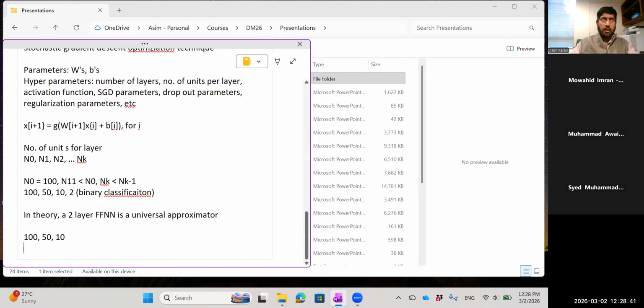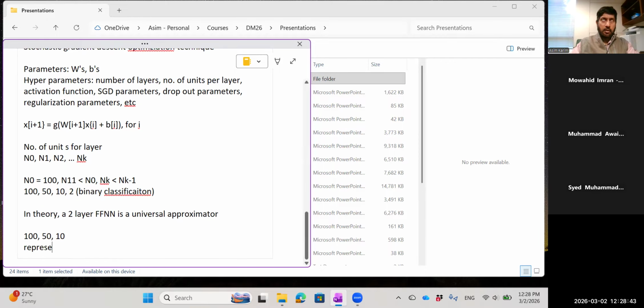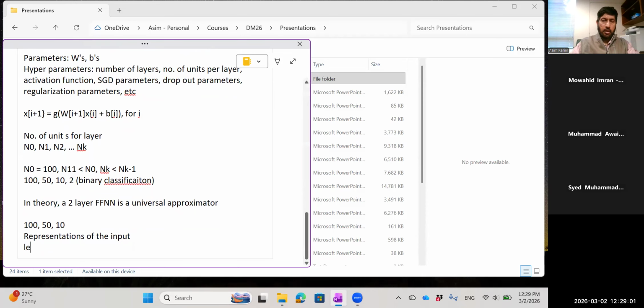So those would be representations of the input at various stages of the model, or you can call them embeddings of the input in the 50 dimension space and in the 10 dimension space. And this is sometimes also called learning representation.